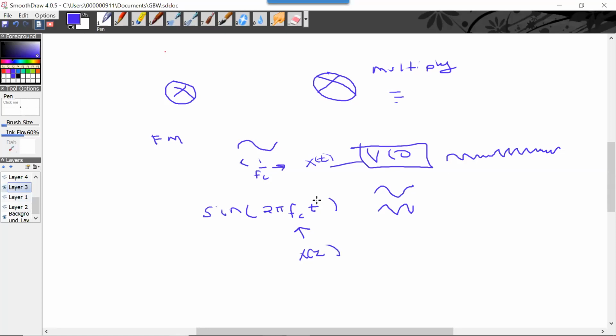Basically, the frequency is just being modified by X of T. Then there's even phase, where X of T can modulate the phase. But for the purposes of the homework, really, we can just talk about the modulator being a multiplier.